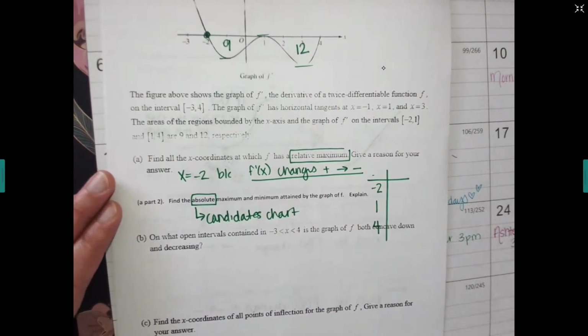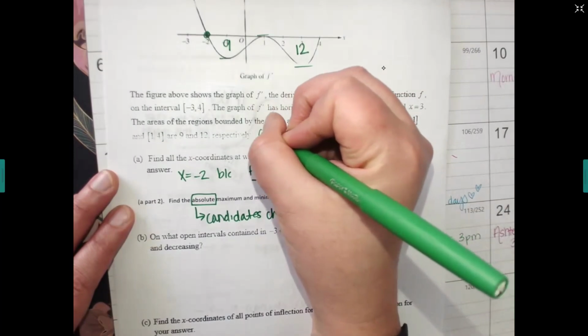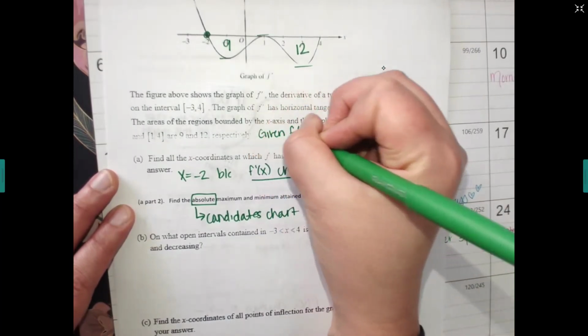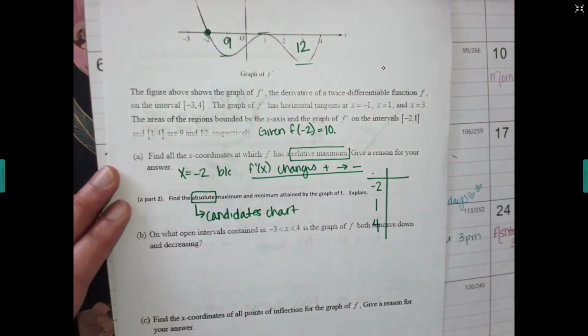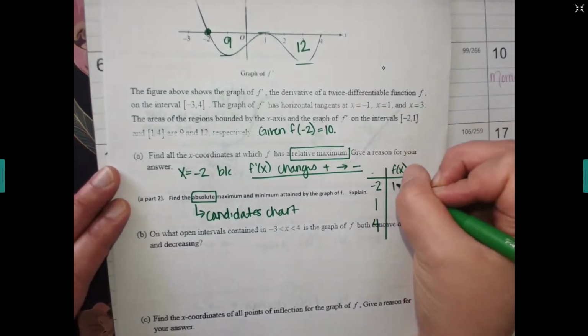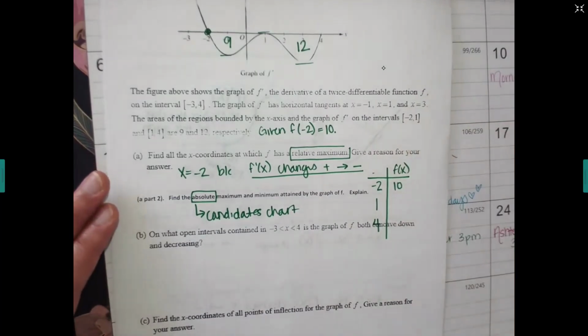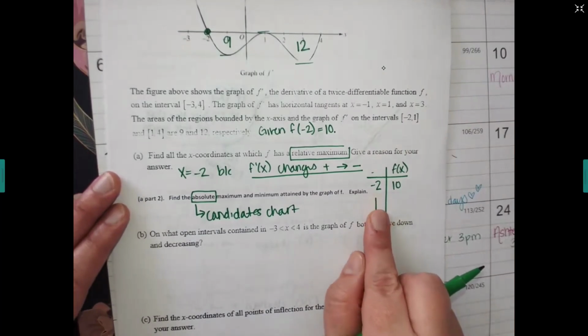Okay, at -2. Actually, I added this question in, but they need to give you the starting value. So let's add something here. Let's say that it is given that f of -2 is 10, because they have to give you like a starting point. So at -2, they told me that it's 10. How much area is accumulated from -2 to 1?